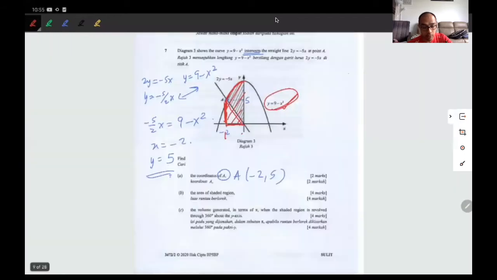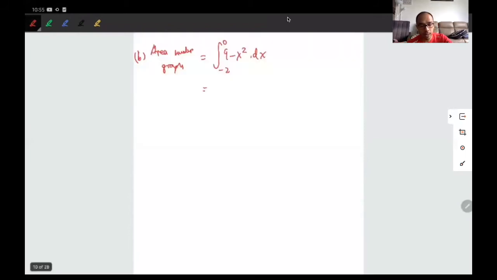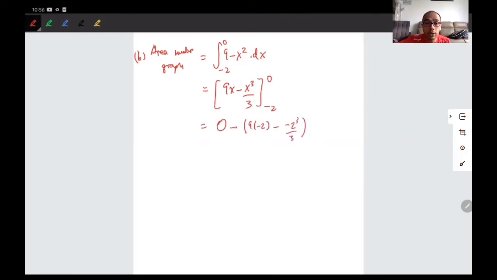Use the x-axis now. So let's find this value: 9x minus x cubed over 3, with limits negative 2 to 0. You substitute the 0, you get everything 0, minus negative 2: 9 times negative 2 minus negative 2 cubed over 3. Okay, you will get the answer.